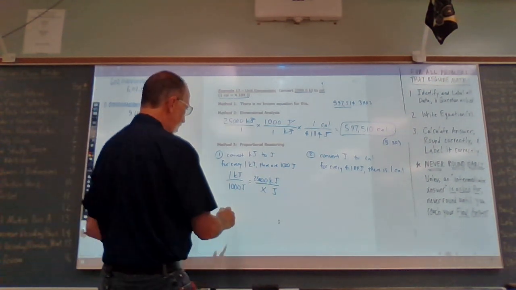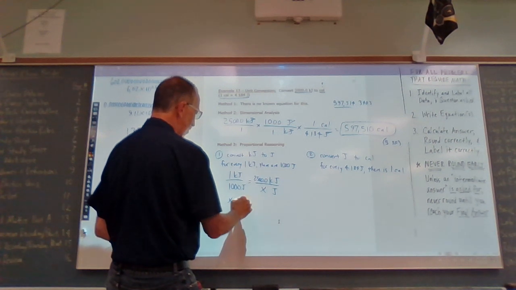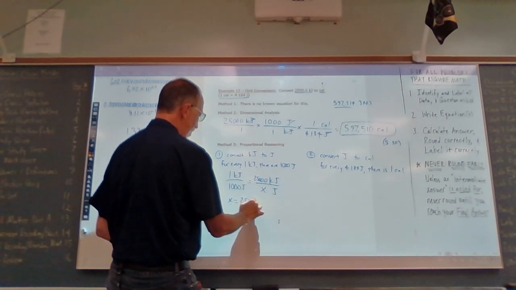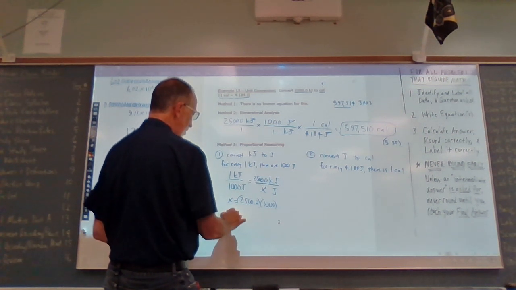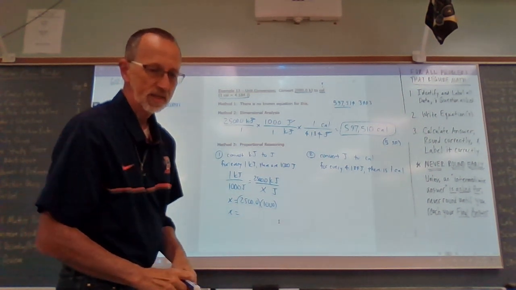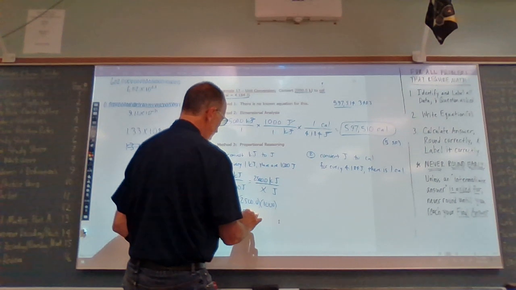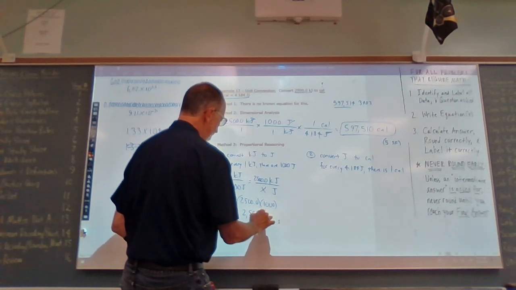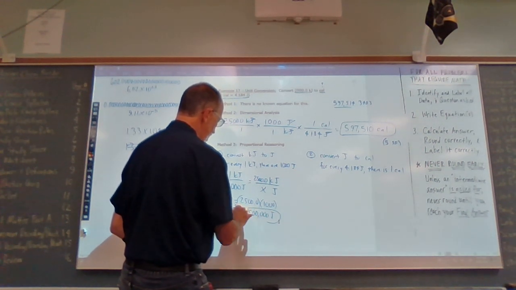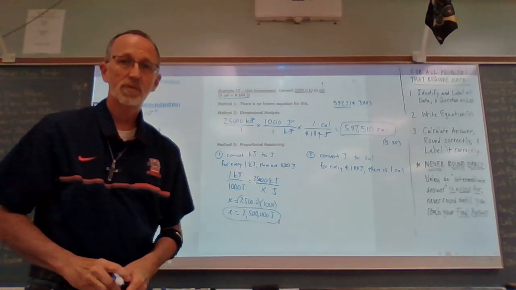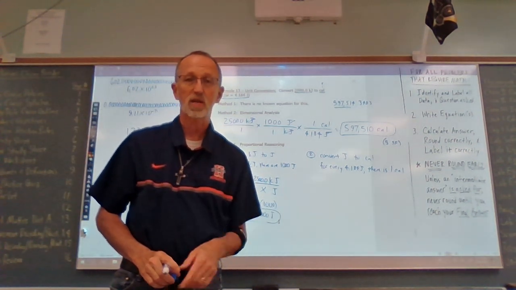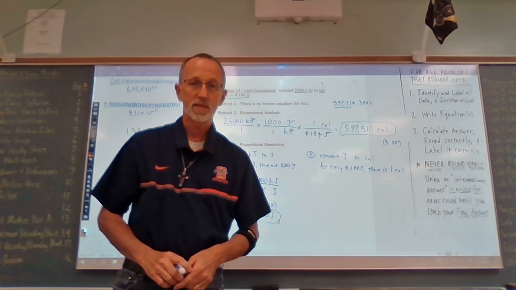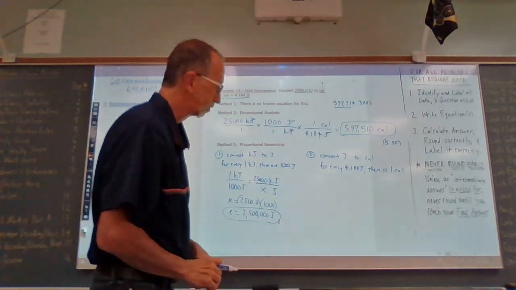So X, when we cross multiply, would be 2,500.0 times 1,000, which would be 2,500,000 joules. I'm not doing any rounding because this is an intermediate step. We have another step to go before we get our final answer. So no rounding yet.